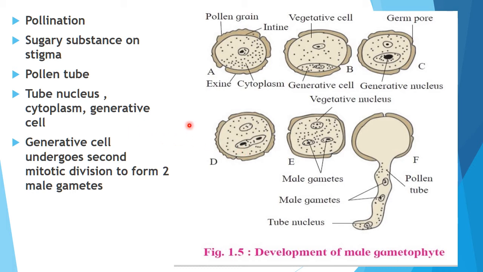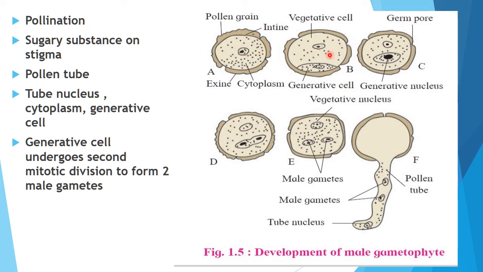See here, the structure of the microspore is given. The outer layer is the exine, and at irregular intervals you can see the germ pore. The area where the exine is thin is known as the germ pore. The inner thin layer is the intine, and the cytoplasm is there.